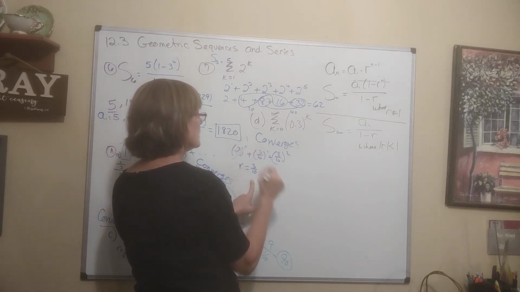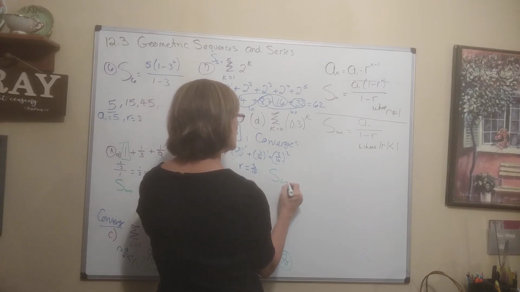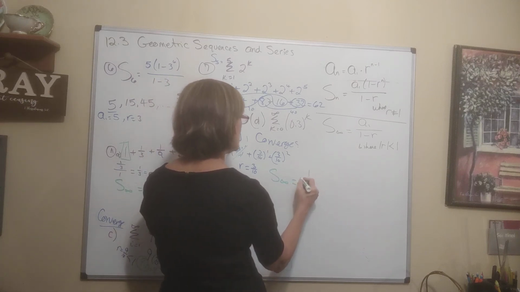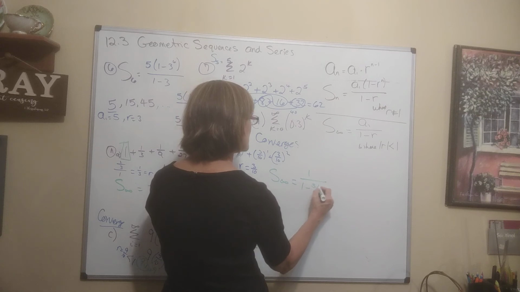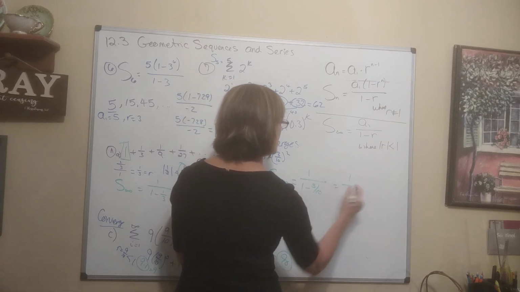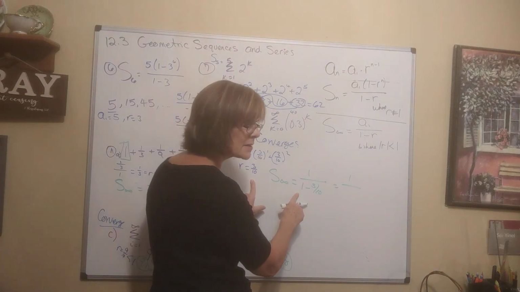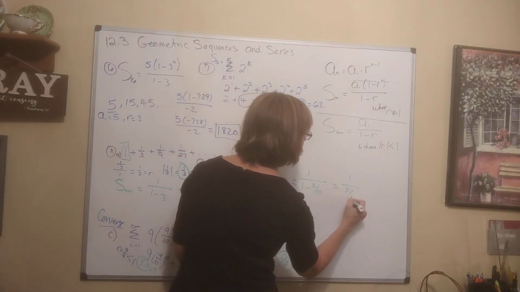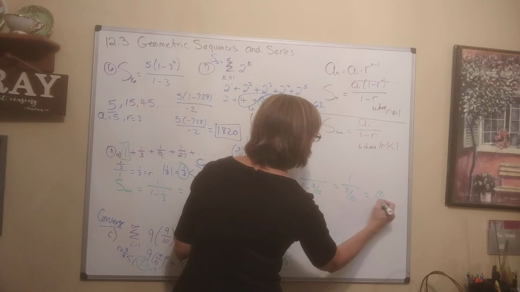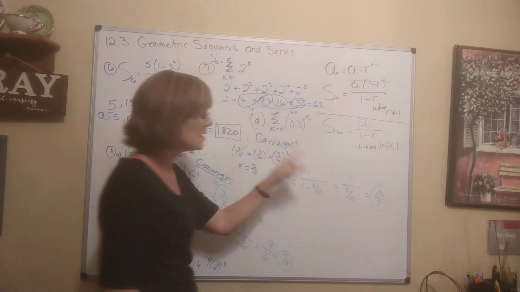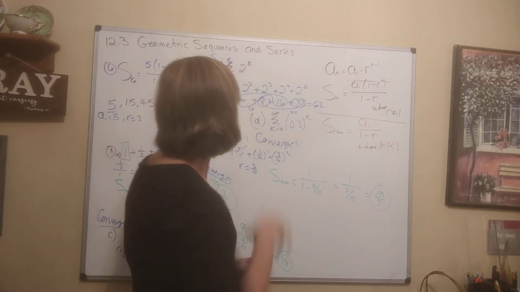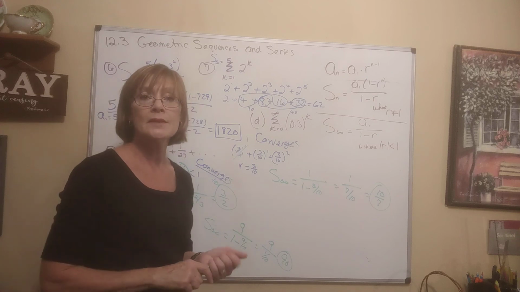So S sub infinity for the last one is going to be 1 over 1 minus 3 over 10. 1 you can think of as 10 over 10. 10 minus 3 is 7 over 10. 10 over 7 is what D converges to, 10 over 7. So that is geometric sequences and series.